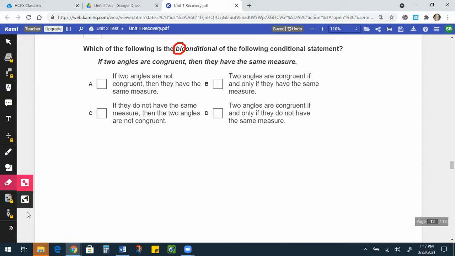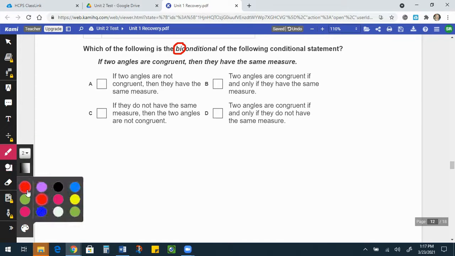Let's try again. Maybe I was too close to the edge. All right, so bi means two. I have to do two things. First, I have to cross out the if and the then. In the middle, I have to now insert if and only if.